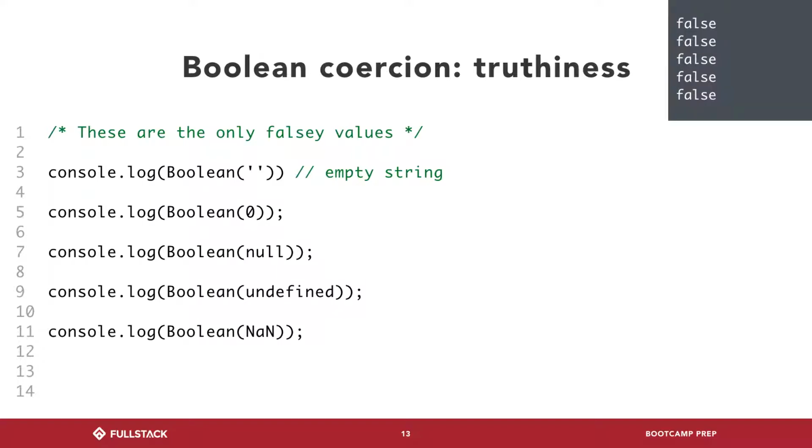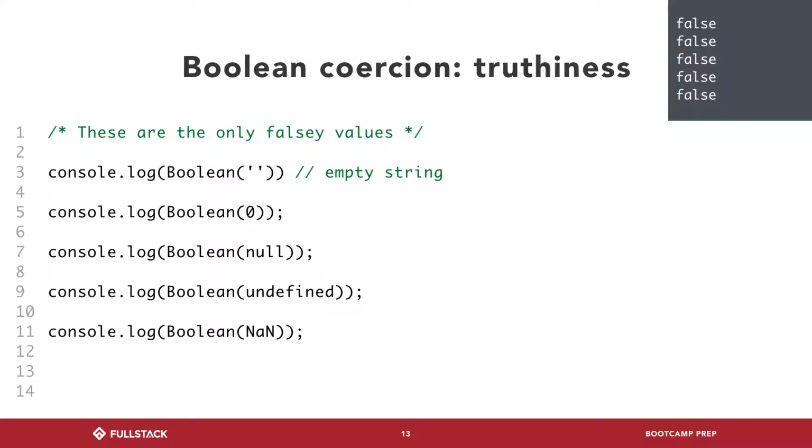And then this is the list of false values in JavaScript, right? We have an empty string, the number 0, null, undefined, and NaN, not a number. Those are the falsy values in JavaScript. And of course, we didn't put it here, but obviously false is also a falsy value. Those are the only JavaScript values that if I convert them into a Boolean, will be false. Everything else is going to give me true.